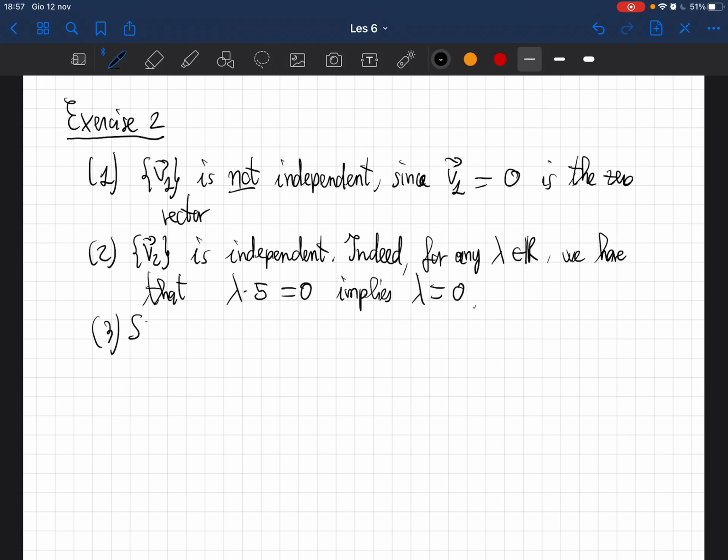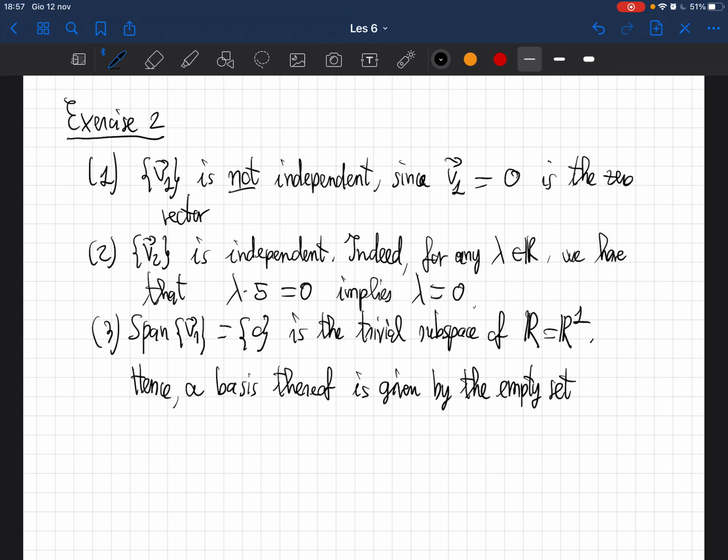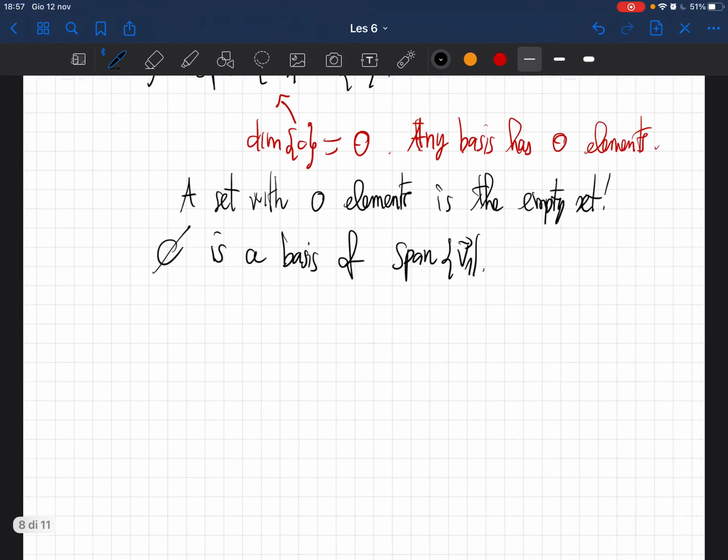And the last one, we can just say span 1 is the trivial subspace of R1, okay, hence a basis thereof is given by the empty set. Okay, this is it. This was very quick.